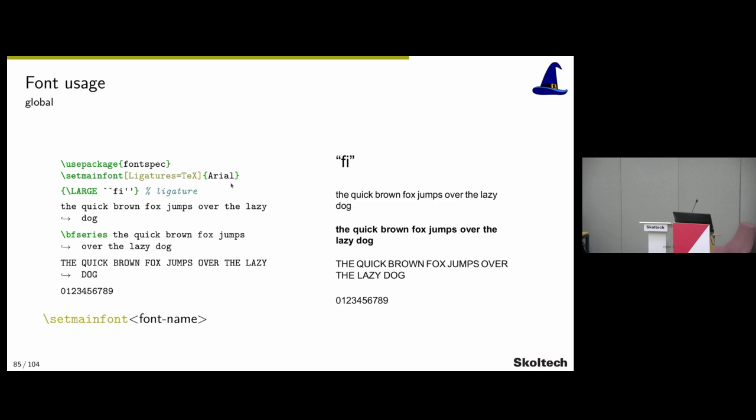If you add exactly one line, you will do what you want to do. And by the way, the ligatures tag means that the two apostrophes will transform into these beautiful quotation marks. If you don't use the ligatures tag, then it will still be two apostrophes.